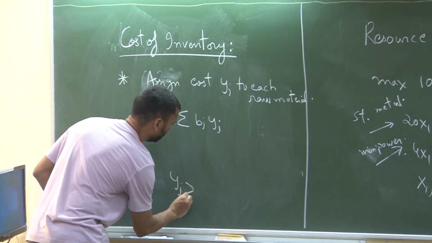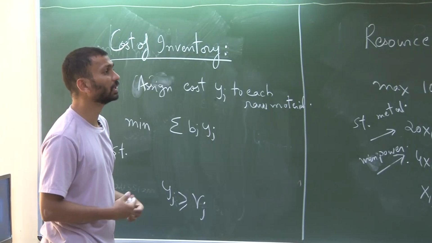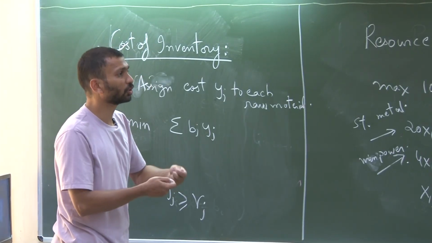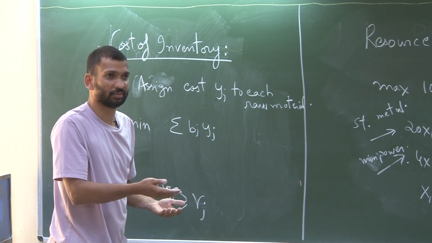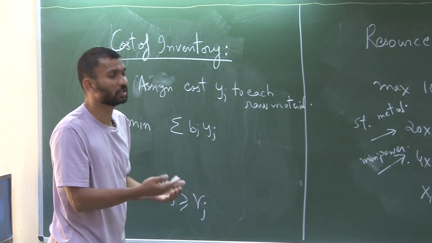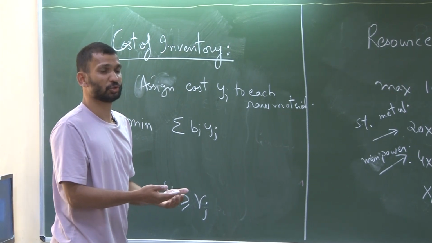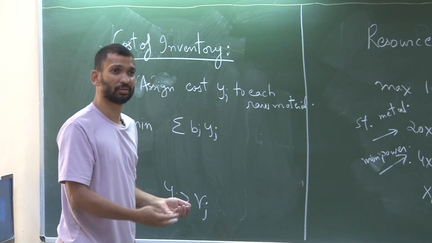This is not a very interesting constraint. What is the other interesting constraint? What can the competitor do? They can buy the raw material from you and build the product i. So what should be the constraint corresponding to that? We should make sure that we are not giving added advantage to the competitor.